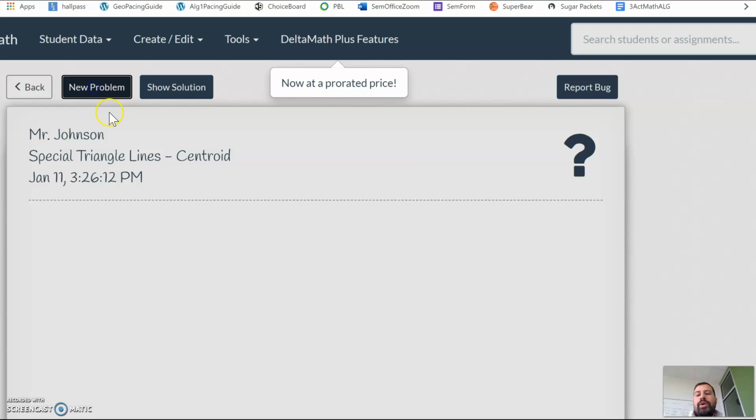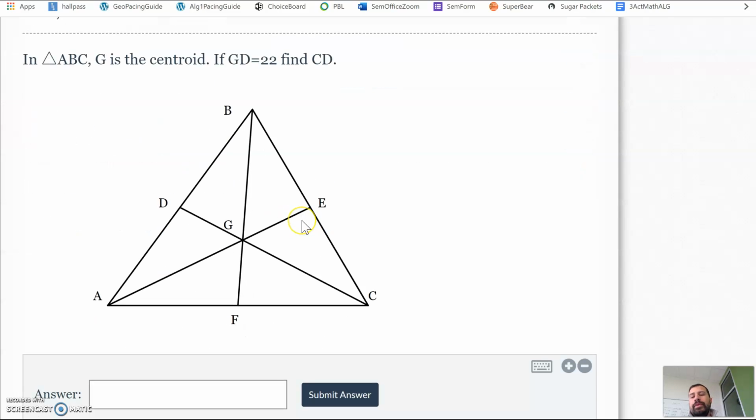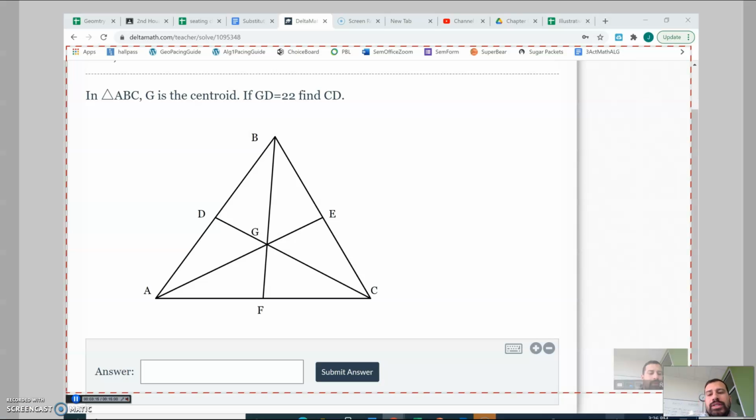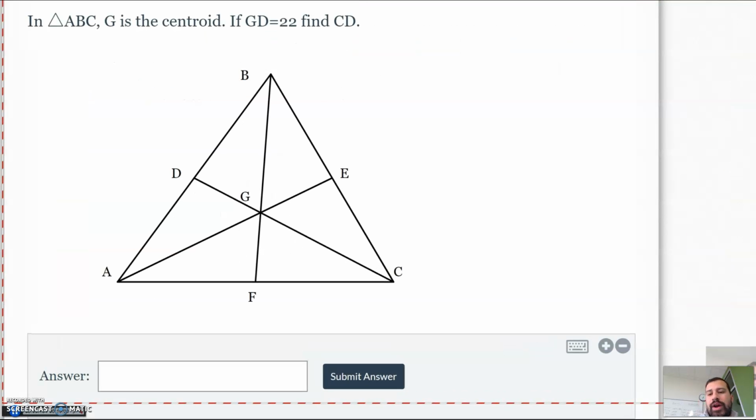All right, let's do one more. Okay, G is the centroid. GD is 22. Find CD. All right, so this time I'm finding the whole length from C to D. G to D is 22.